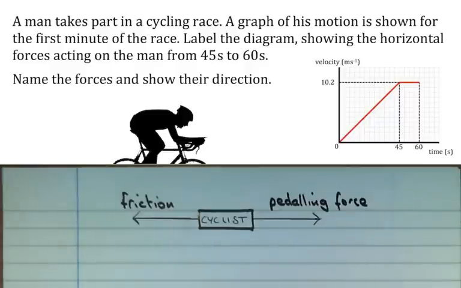Newton's second law relates to unbalanced forces. And in Newton's second law, we'll talk about that one later, there is an equation where the acceleration of the object is directly proportional to the unbalanced force. So Newton's first law, balanced forces. Newton's second law relates to unbalanced forces.